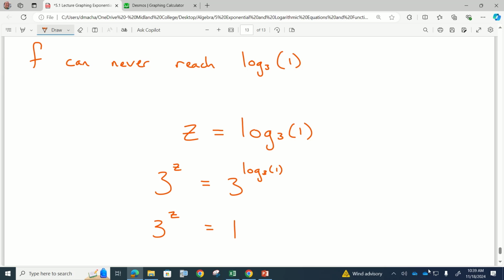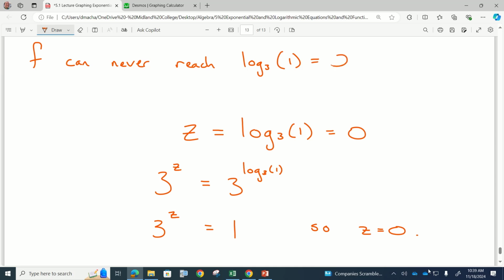So z is the number for which 3 raised to the power z is equal to 1. So what does z have to be? 0. Yeah, anything raised to the power 0 is just the number 1. So z has to be 0, and that means the logarithm base 3 of 1 is equal to 0.